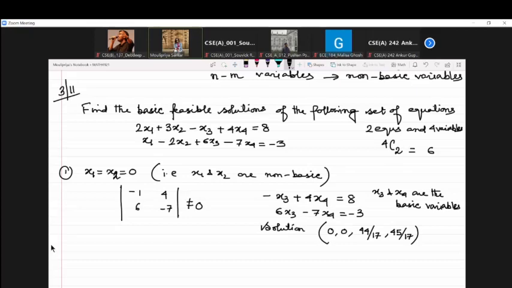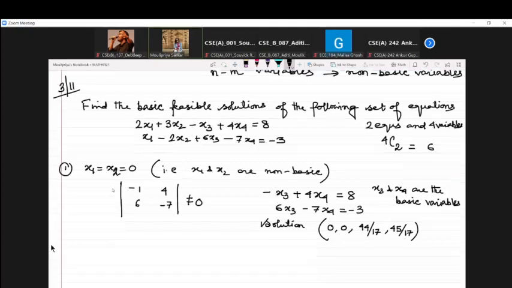Feasible implies these solutions are allowed for the following set of equations. That implies you say that it is feasible, am I right? Yes, this is a feasible solution. Exactly. By feasible, we mean they should satisfy the non-negativity condition, right? So this is one solution which is basic and feasible. I hope I am okay with this.